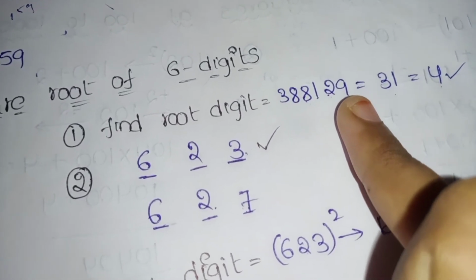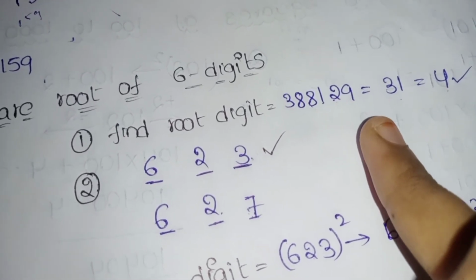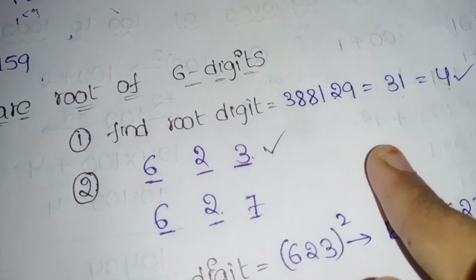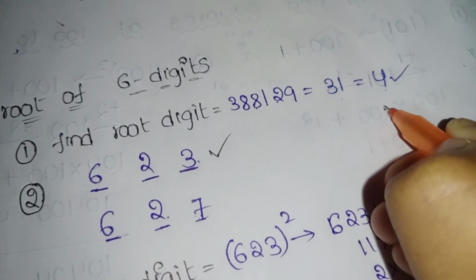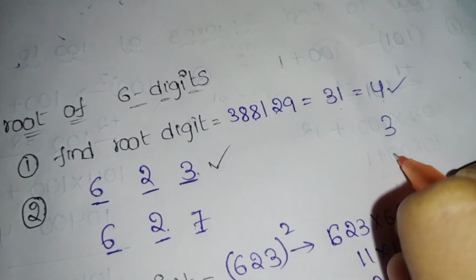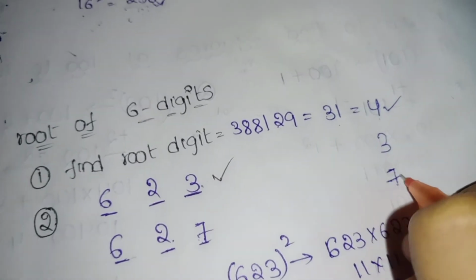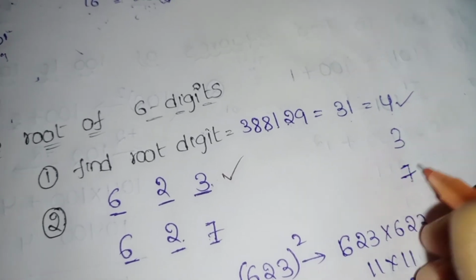Here 9 has how many possible unit digits? 3 or 7, right? So the answer must end in 3 or 7.